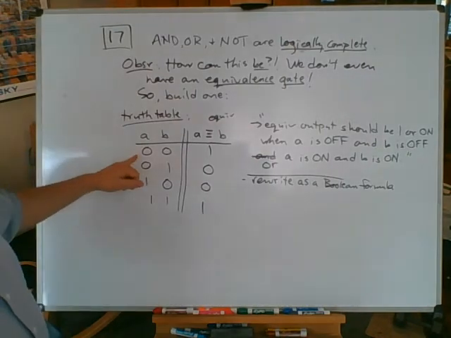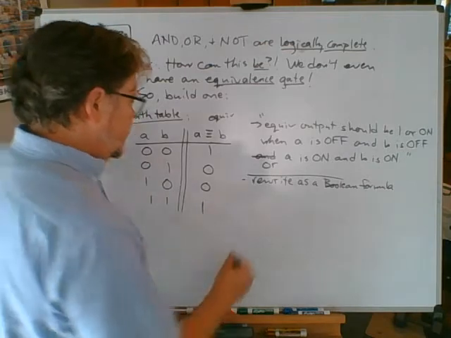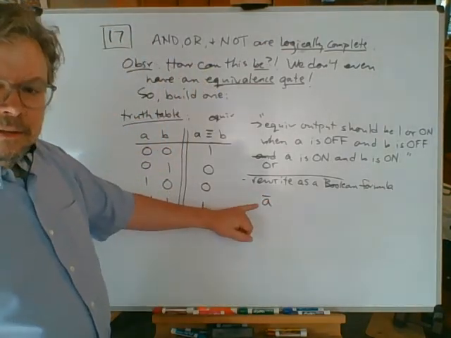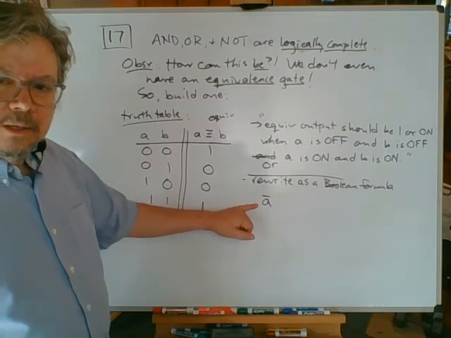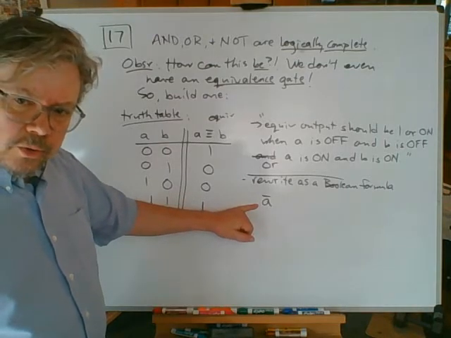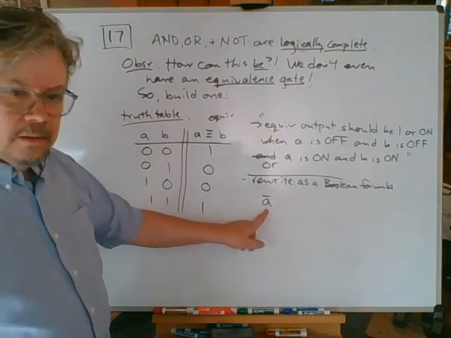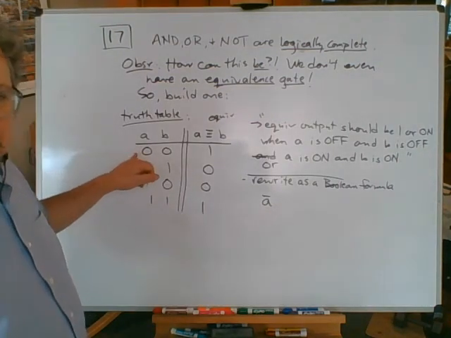A is off, not A. This tiny little Boolean formula here is true whenever A is false. This is a 1 whenever A is 0.